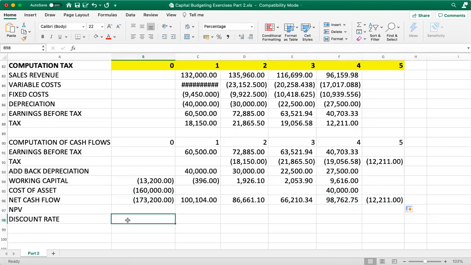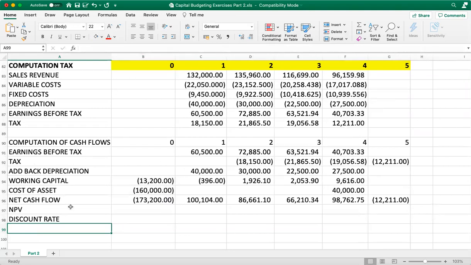Then next, we need to compute the discount rate. Now, we are given the general inflation and we are also given the real rate. Now, what you require is the nominal rate. And to get nominal rate, I'll say NR for nominal rate.